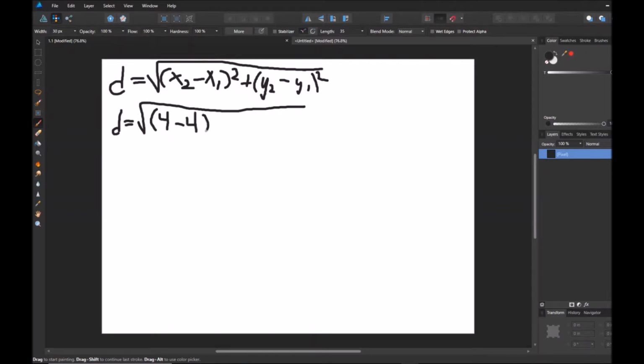So 4 minus 4 squared plus, and then y2 would be 2, and y1 would be 5, and then all of that squared. 4 minus 4 is 0, 0 squared is 0, so I'm not going to bother writing that again. 2 minus 5 is negative 3, so negative 3 squared, which is just the square root of 9.